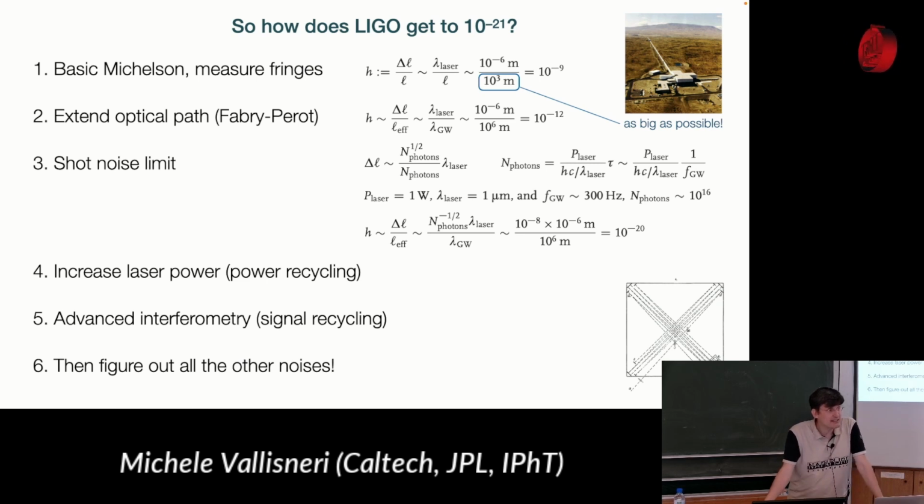What limits you there is quantum physics. I'll show it more precisely later, but when you measure a distance using lasers, you're limited by the fact that your photons are discrete, and they come more or less like a Poisson process.